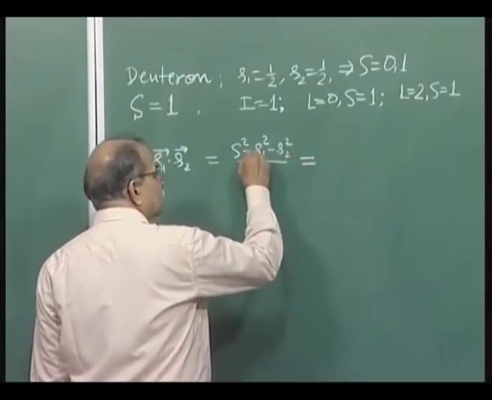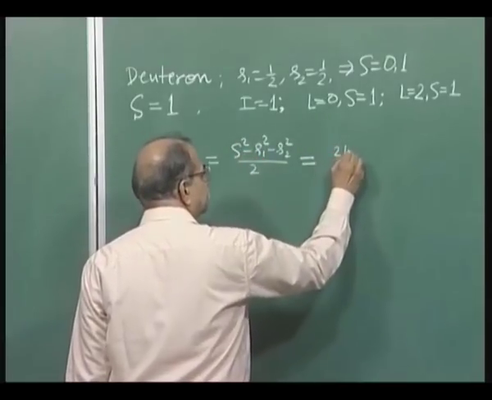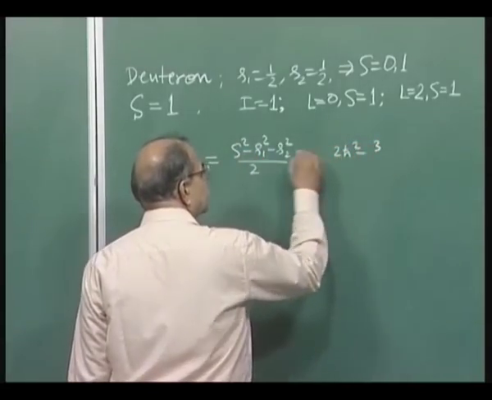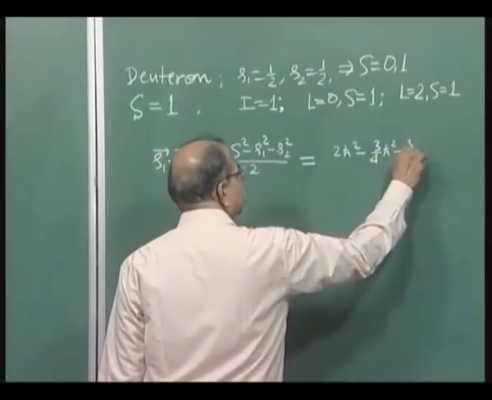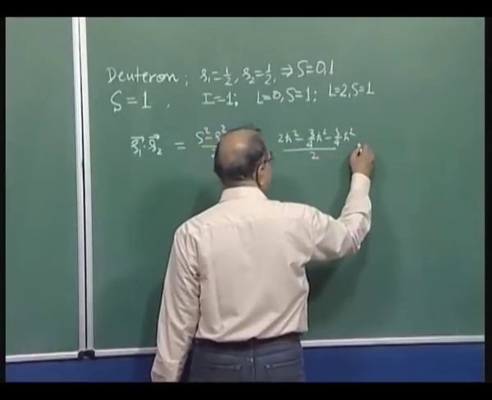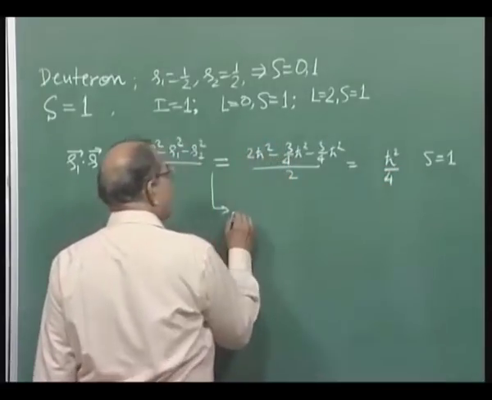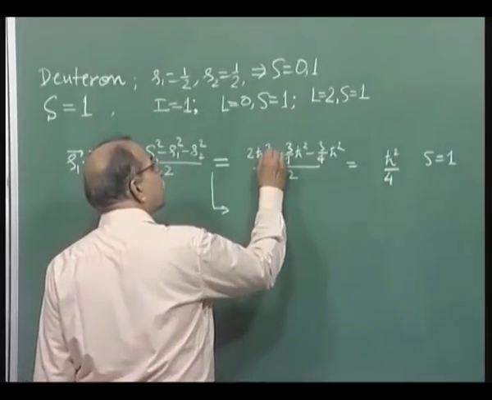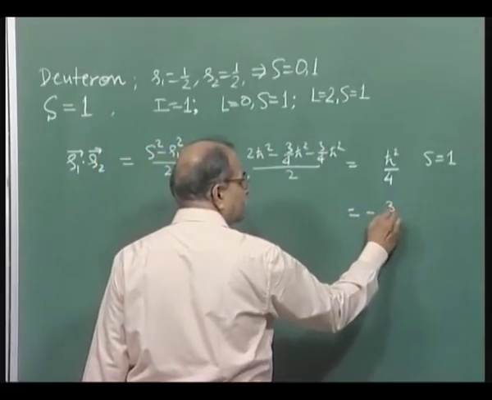So, if you put S is equal to 1, what happens? It is 2 h cross square minus 3 by 4 h cross square minus 3 by 4 h cross square, divided by 2. So, how much was this? This is for S equal to 1, and for S is equal to 0, if I put this part 0, then it is minus 3 by 4 h cross square.